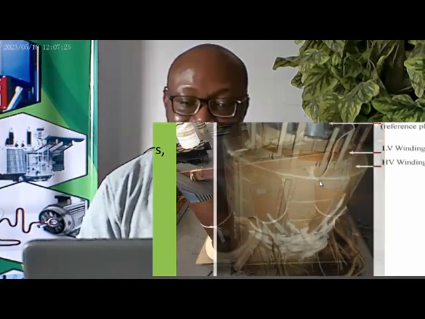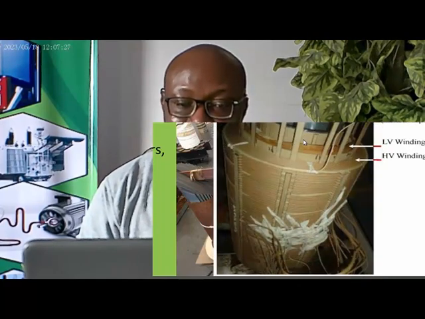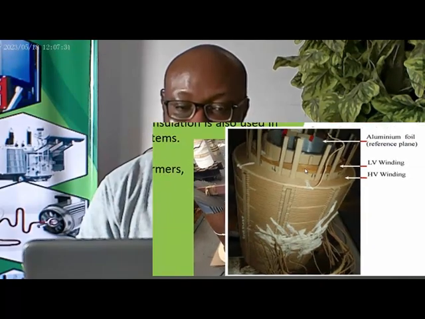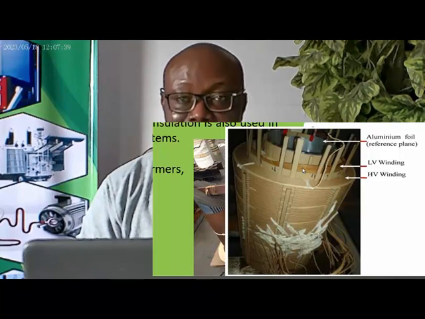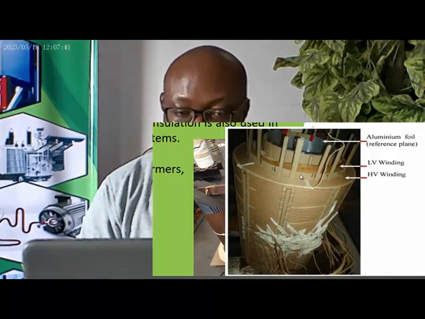So as you can see, this is the low voltage winding. See it inside, close to the core. This is the area that the core will fit into. So the low voltage winding is usually close to the core.